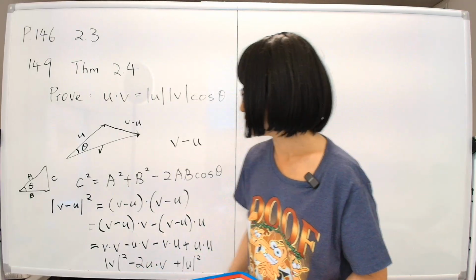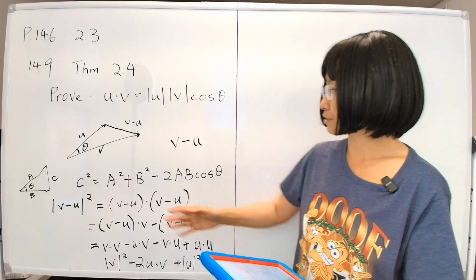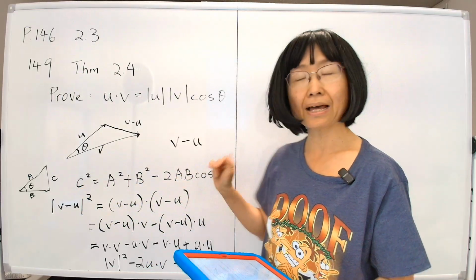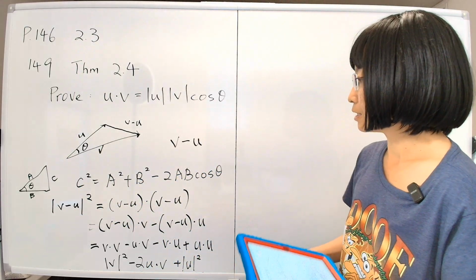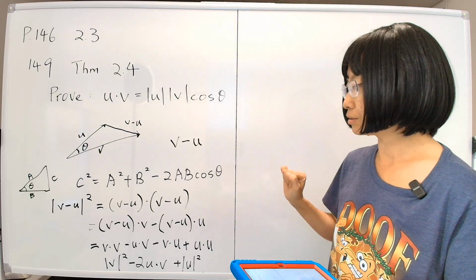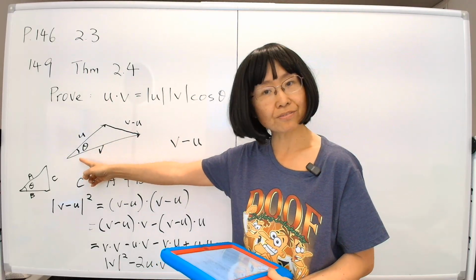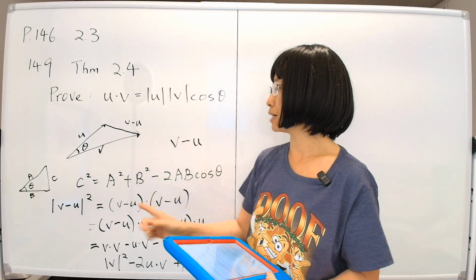Now that we have this, we're going to plug it into something. That is, we're going to apply the law of cosines, which states that now we're considering just the length. We're no longer considering the vectors, but just the lengths, the fact that these three vectors form a triangle.